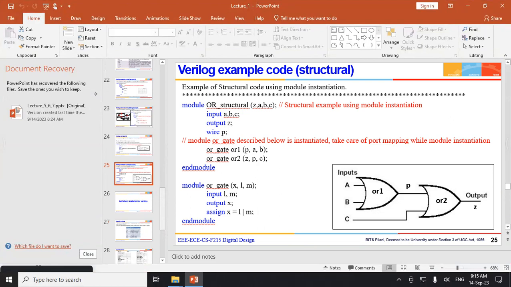See, there is not much difference between the structural model and the gate level model. It's the same one. Yes, you can do that, no problem.